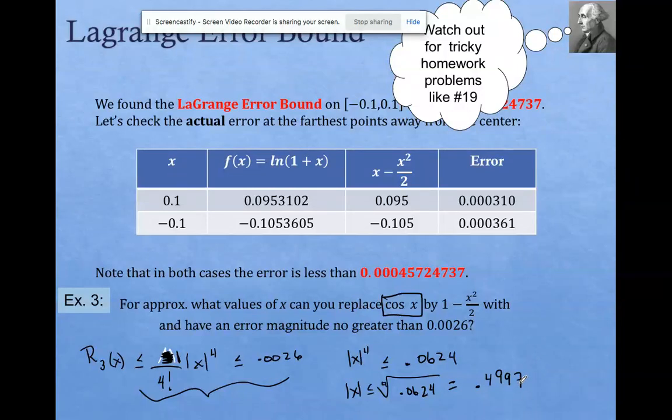So what x's can I use to make sure that my error is no greater than 0.0026?